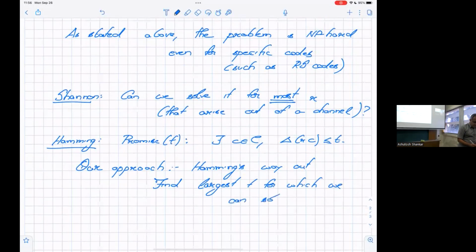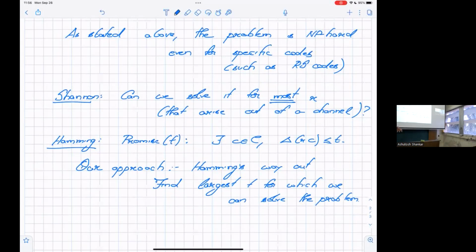T should be d by 2. So the question is what's the largest T? In the course, we will look at T which are larger than d by 2. Combinatorially, what we know is that if T is strictly smaller than d by 2, then there exists at most one codeword.